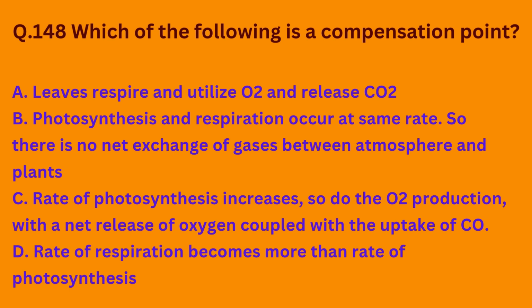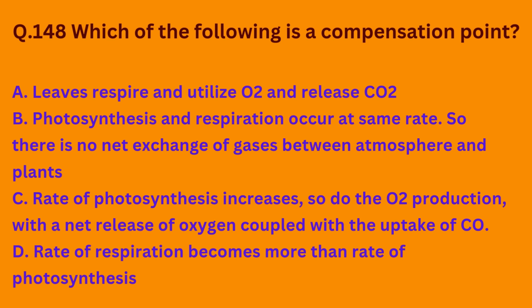Question number 148. Which of the following is a compensation point? Option A. Leaves respire and utilize oxygen and release carbon dioxide. Option B. Photosynthesis and respiration occur at same rate, so there is no net exchange of gases between atmosphere and plants.